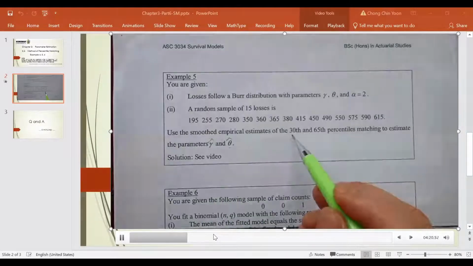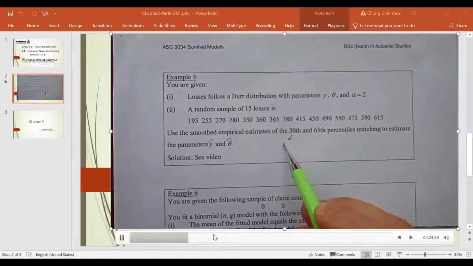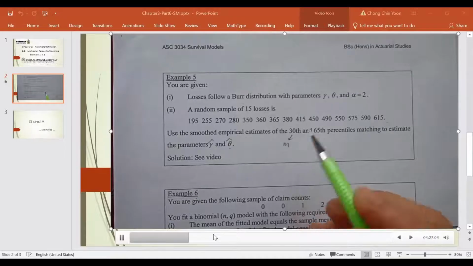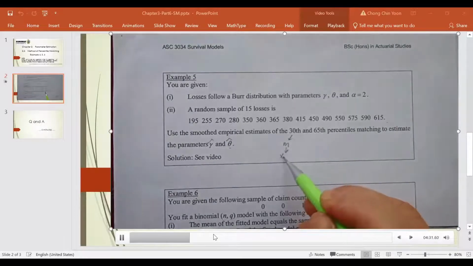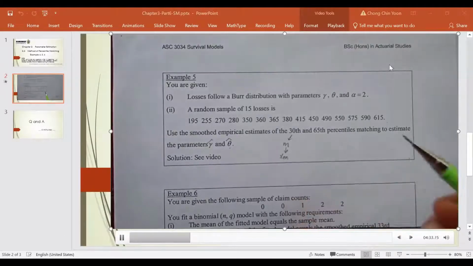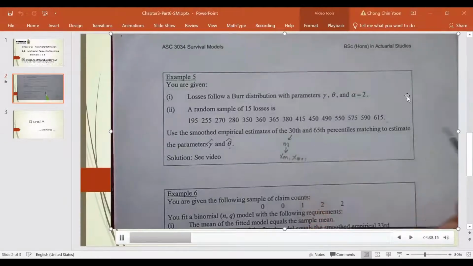So from this 30th percentile, we need to find the integer m, and from here we can calculate the observation xm and also xm plus 1.